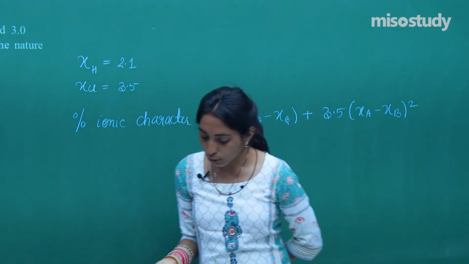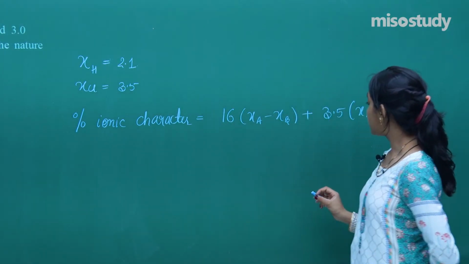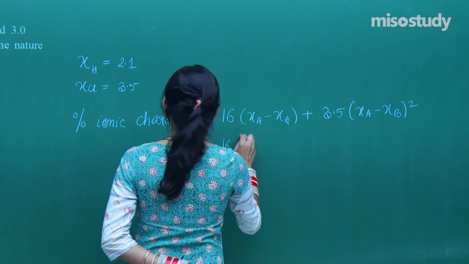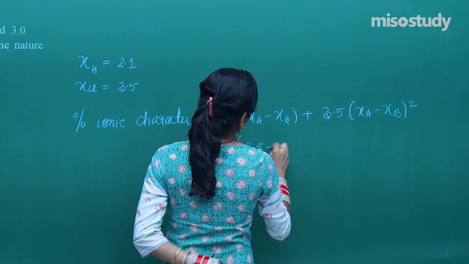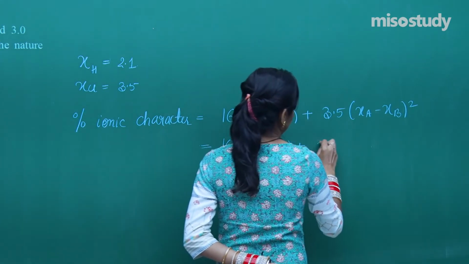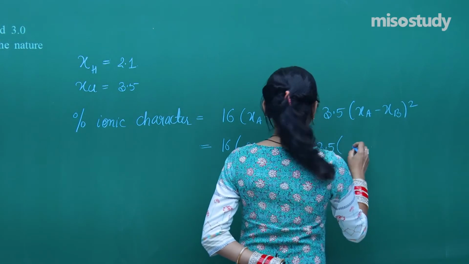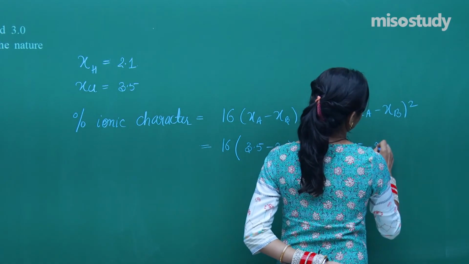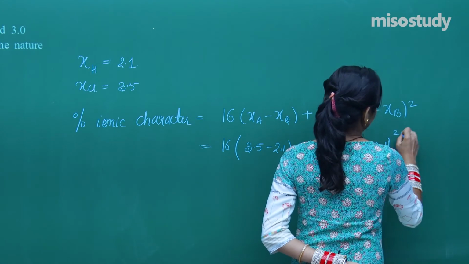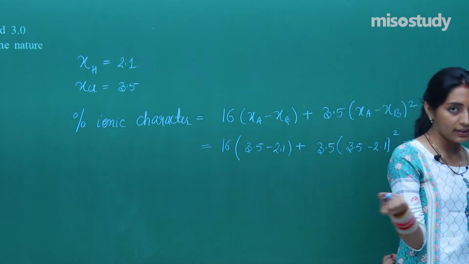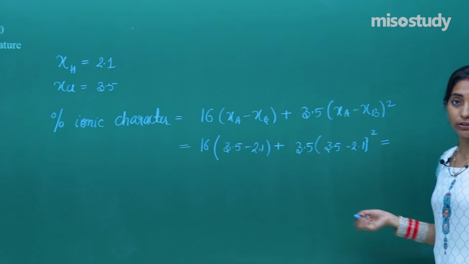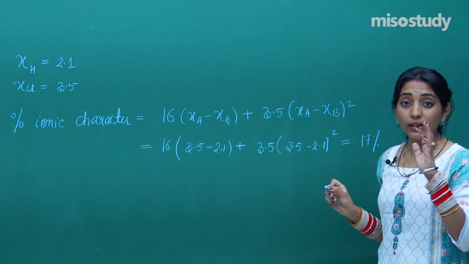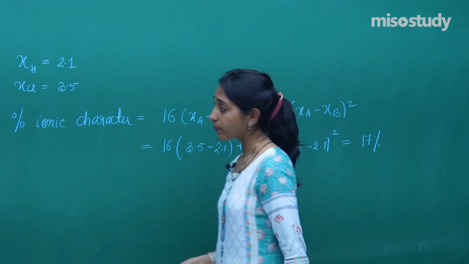Okay, let's start putting the values. 16 into (3.5 minus 2.1) plus 3.5 into (3.5 minus 2.1) whole square, and you solve it. Since I solved before doing the question on board, the answer was coming out to be 17%. So this was the percentage ionic character.